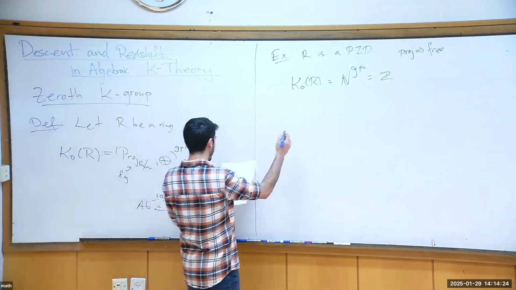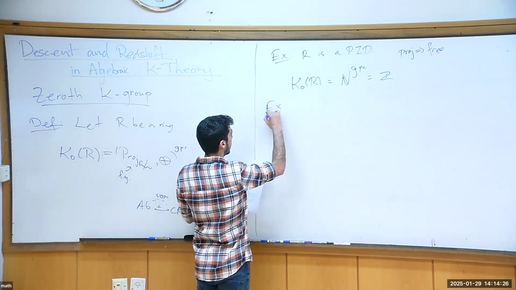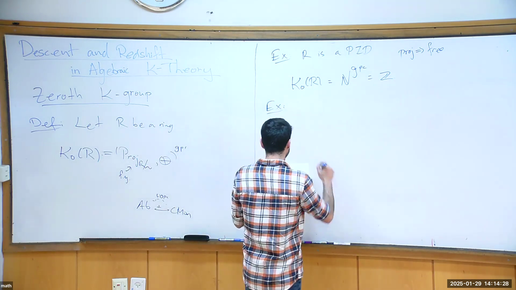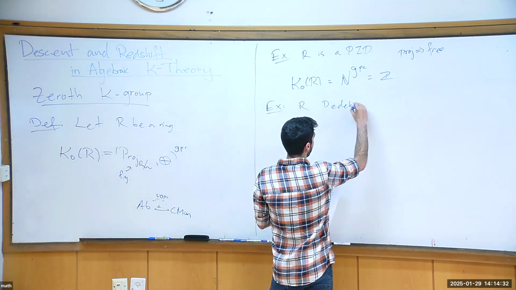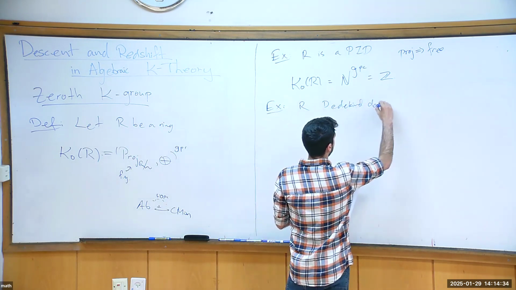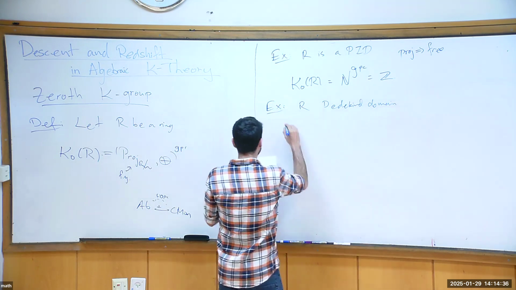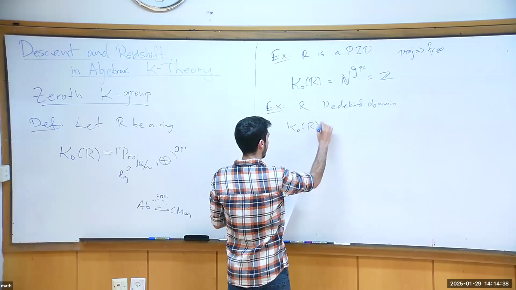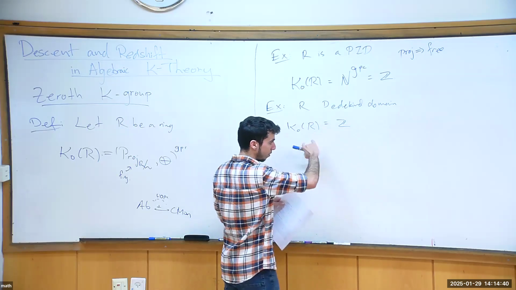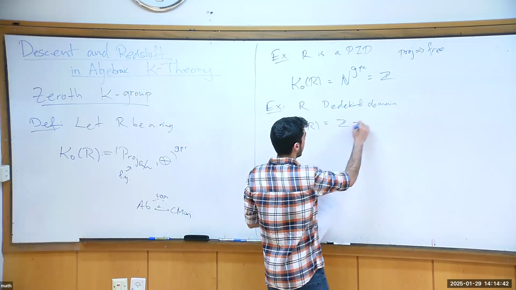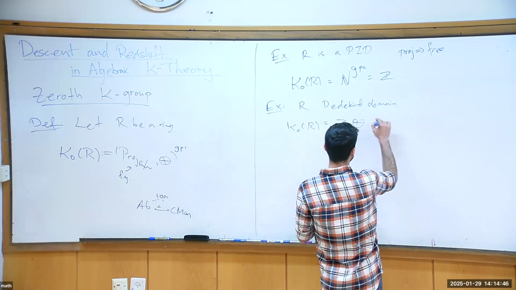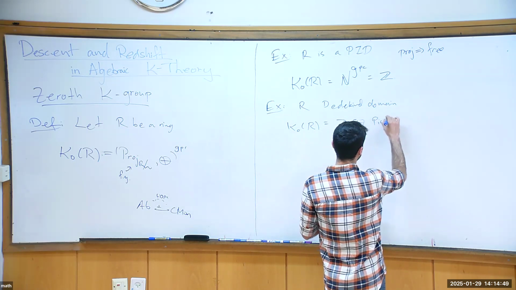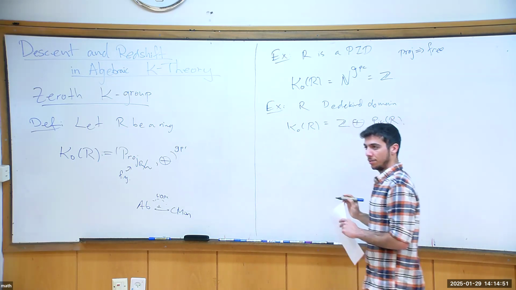Okay? And another example, a generalization of this, is that if R is a Dedekind domain, then K0 of R still has the invariant, a map to Z, which I mentioned, but you also have another copy. So these are the free, but you also have another copy, which is the Picard group.